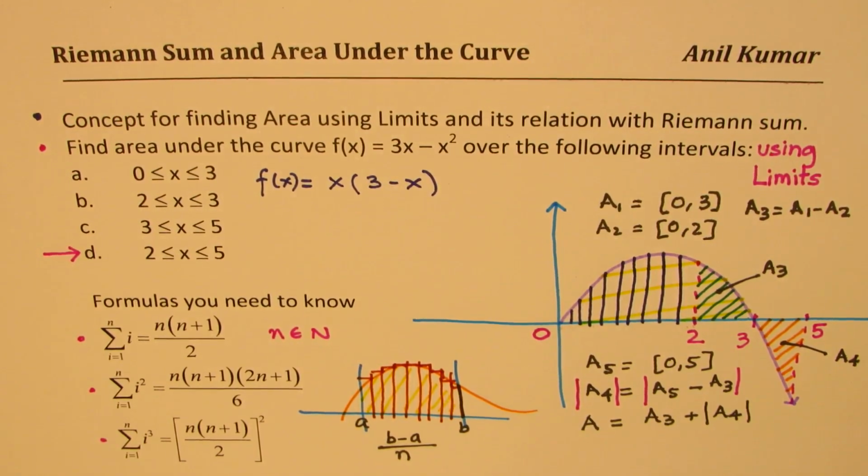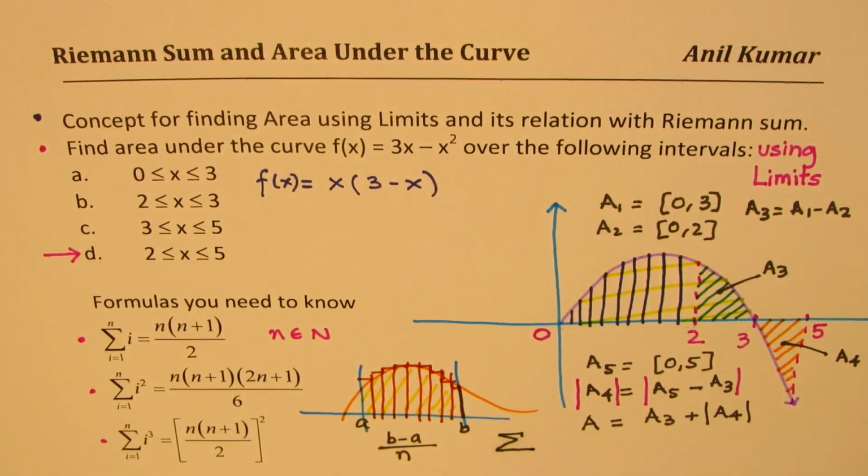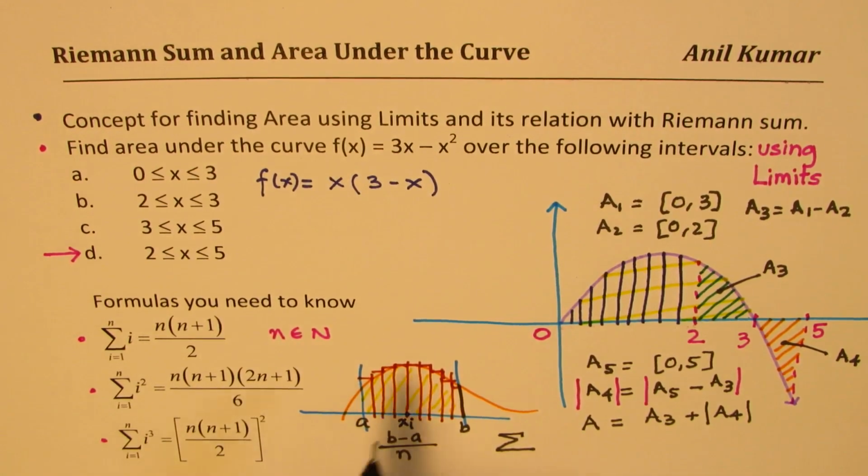So basically what we are going to do here is add all of them, and that is where the summation and limit come together. Perfect. So the concept here is to sum. This is the summation sign, right? In general, we can say this is a point xi, and if we are taking the end point of our rectangle as a reference, then this will be x1, that will be xn, correct?